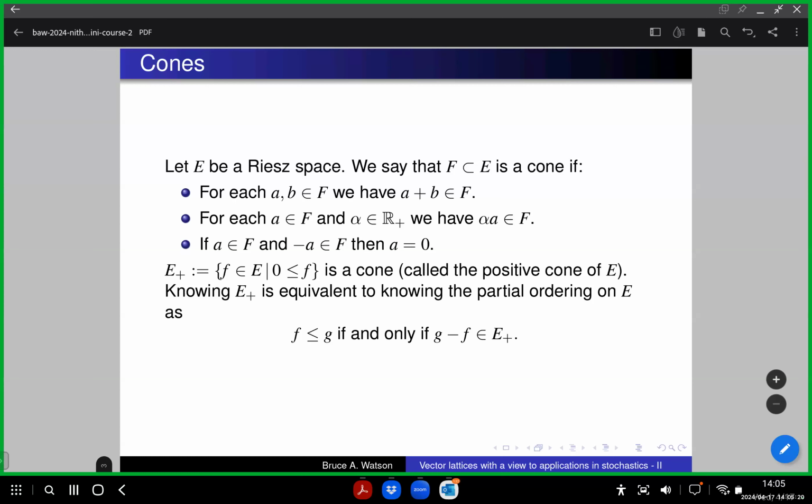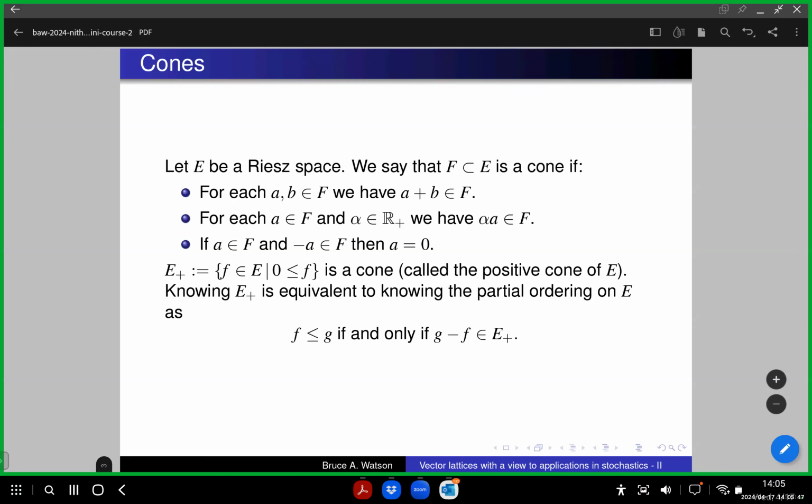And if you can do scalar multiplication by non-negative reals and remain in the cone. So if you take an element A from F and you multiply it by any non-negative real alpha, alpha A will again be in the set F. So those are the first two properties.